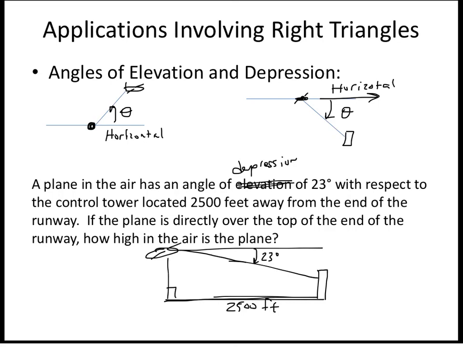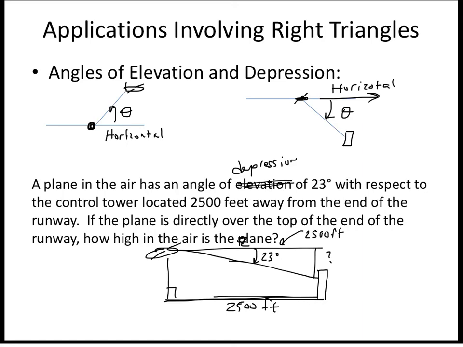Okay, so we've got this type of triangle thing going on, okay? 2,500 feet can also be put here. How high in the air is the airplane, right? So I've given you an angle, and I've given you a distance, and I need to know another distance, right?